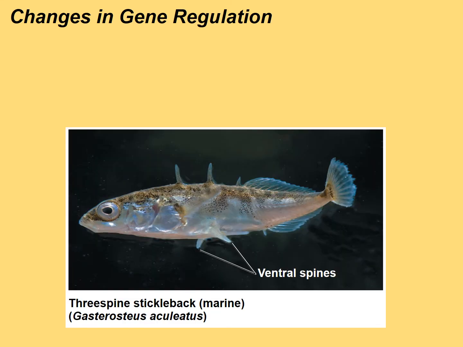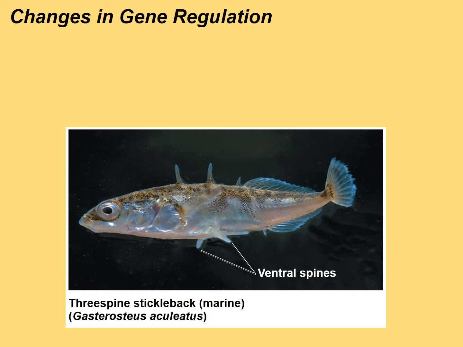Now, changes in the regulation of genes can have an effect on the structures of an organism. Here's an example. We have the three-spined sticklebacks in the lakes. They have fewer ventral spines than the ones that live in the marine environment, right? These are the ventral spines of a marine stickleback.